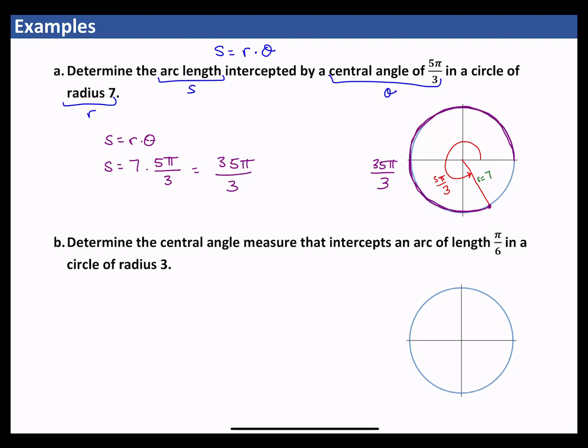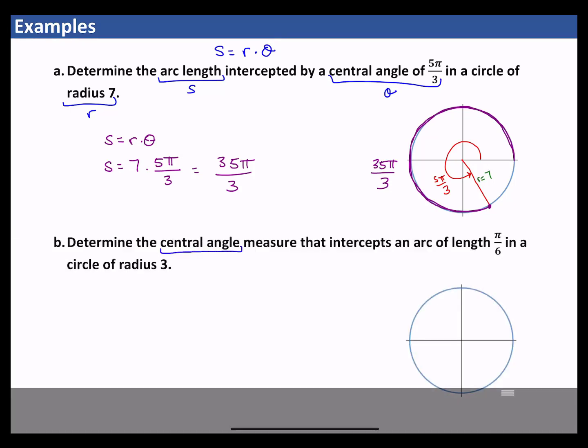All right, let's look at our next example. Determine the central angle. So this time we're trying to find theta that intercepts an arc of length pi over 6. So we know s, and the radius is 3. So this time let's use our formula and then we'll sketch what we found. So we know s equals r times theta.